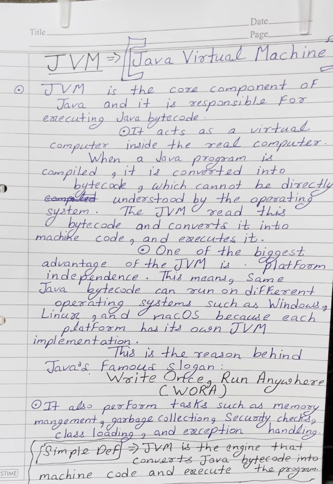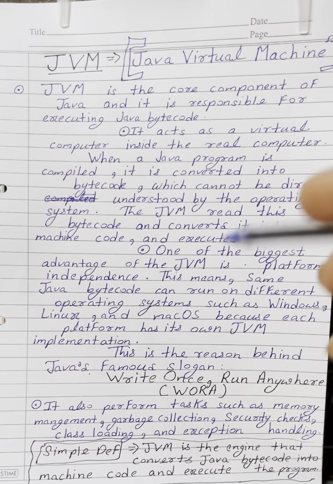For example, Windows, Linux, Mac OS. Normally programs written for one operating system may not work on another. But Java solves this problem using JVM. As I told you, that is its biggest advantage, and this is the need. That's why we need JVM.